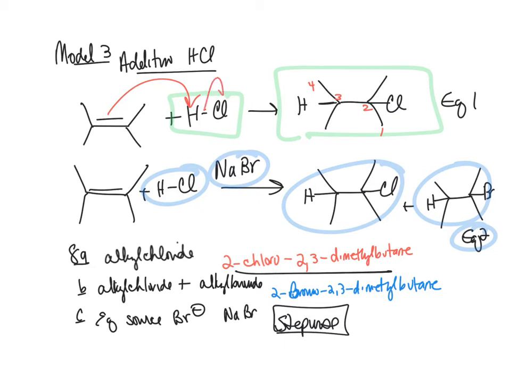You get 2 electron flow arrows, and the hydrogen adds here, and then you get a carbocation. Then the chloride can act as a nucleophile to the electrophile, or if you have a source of bromide, the bromide could add. So yes, you're going to get stepwise.